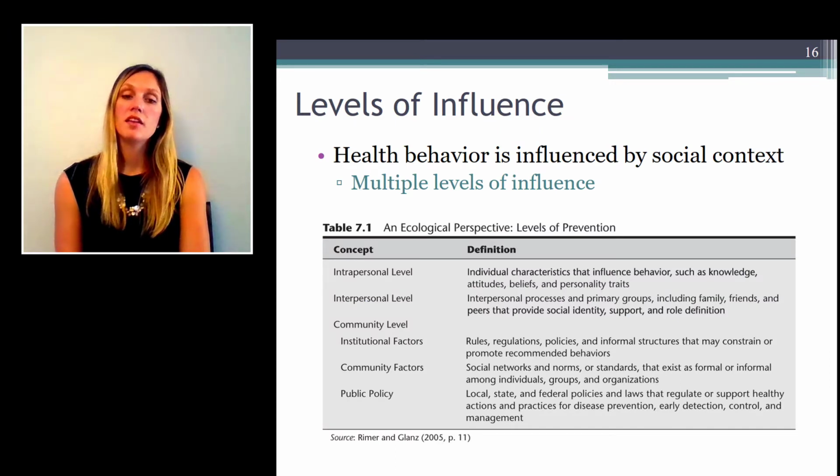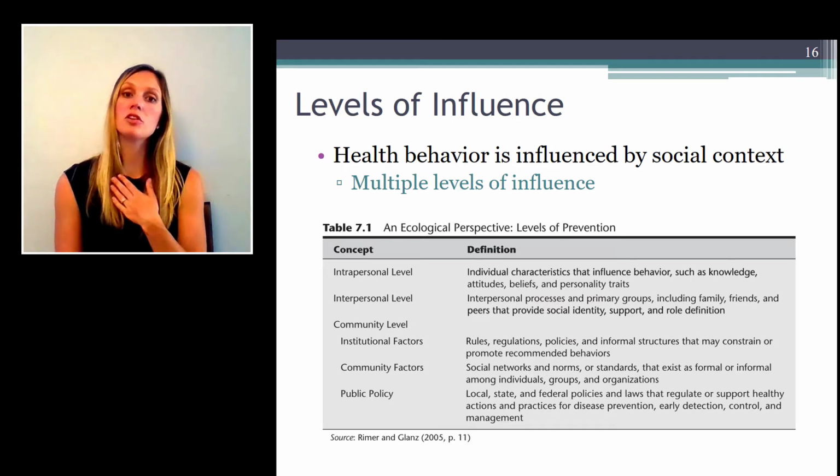Level of influence. This refers to a very popular model in public health called the socio-ecological model, or socio-ecological framework. This framework proposes that there are different levels of influence on a behavior, starting from the most proximal, which is the intrapersonal level.